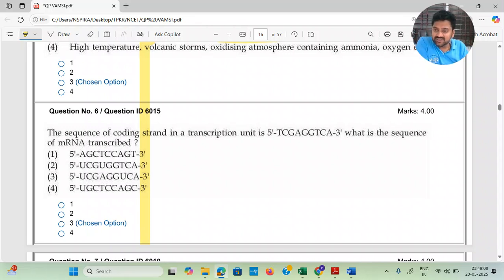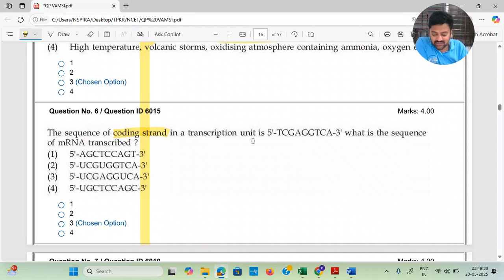In question number 6, the sequence of coding strand in transcription unit is given 5' to 3', and they are giving it is a coding strand. Whenever they give this kind of question in transcription, what will be the sequence of mRNA transcribed?